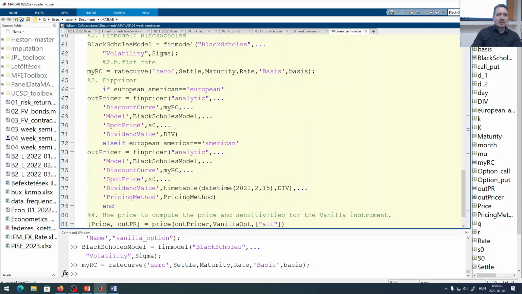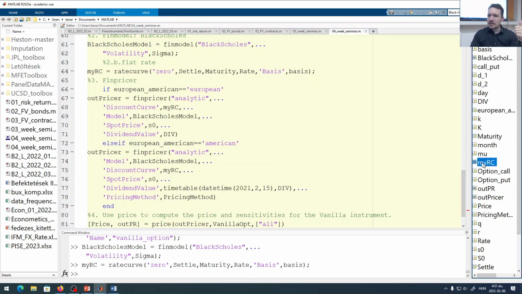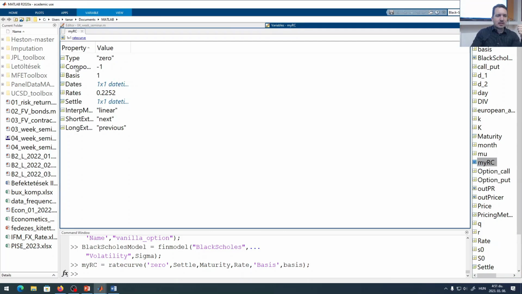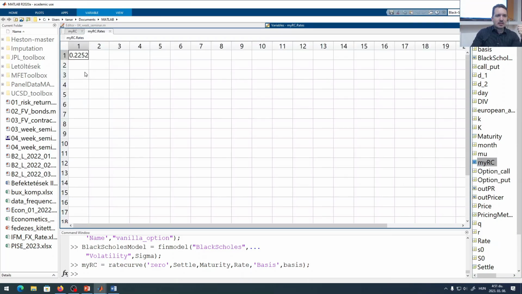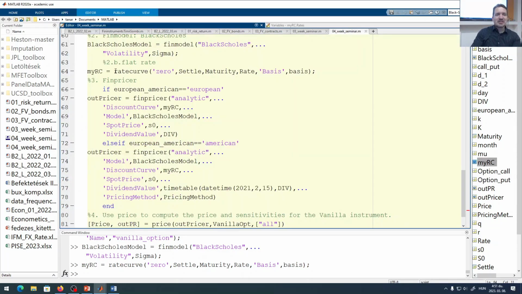Then there is the fin pricer. So it's again setting the discount curve, which is just the rate curve. So literally, if I'm checking my rate curve, yes, this right here. So it's quite stupid. I think it was way easier to write the code in this way because it will be used multiple times.